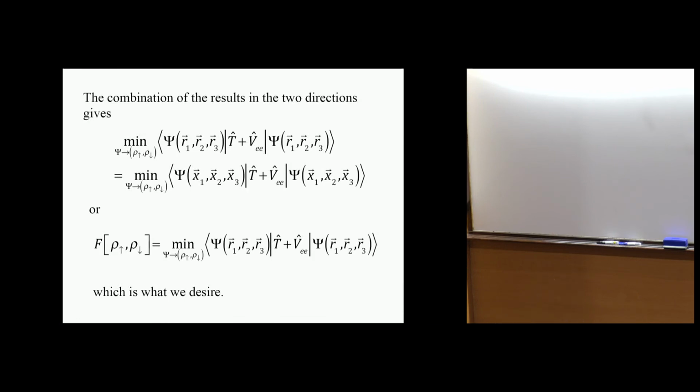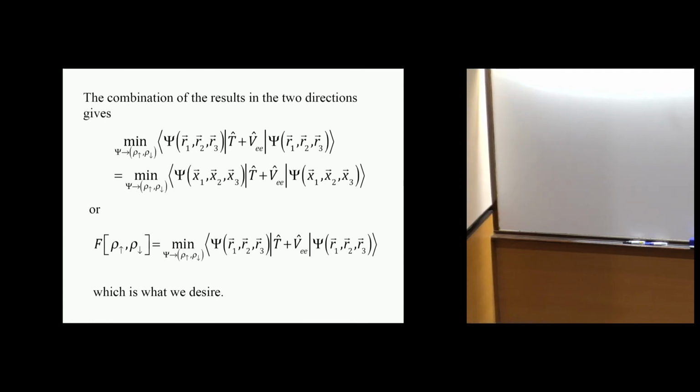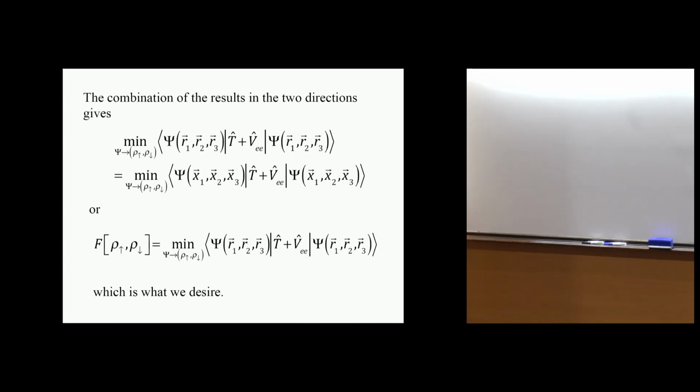You go from spin-free and you get the same T plus VE with a spin, and therefore, since you go in both directions, it means the minimums are the same, and therefore F could be the F for spin density functional theory, or you take out the spin-dependent V's and you have regular density functional theory. You use spin-free wave function in the definition.